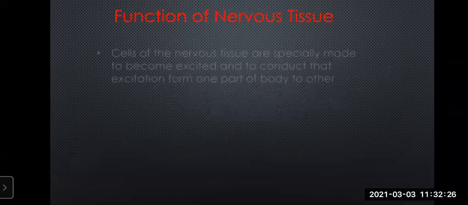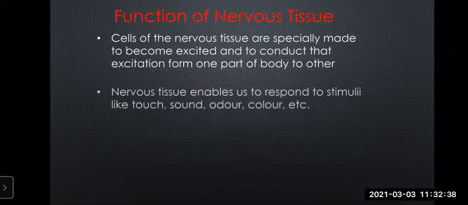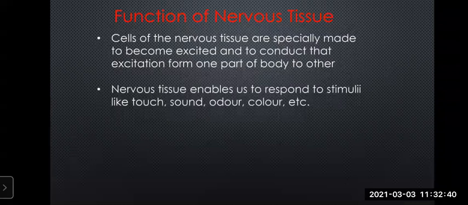Now, functions of neuron. These are very specialized tissue which are meant for getting excited as soon as they receive the stimuli. Okay, so it gets excited when it receives any kind of stimuli, that is any change within our body and even outside our body.